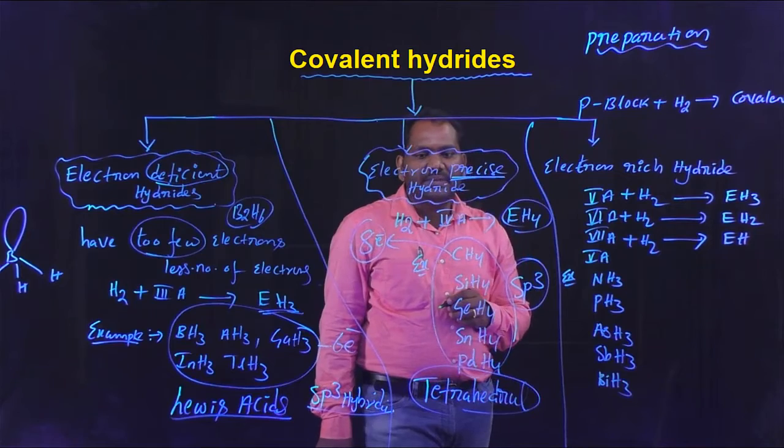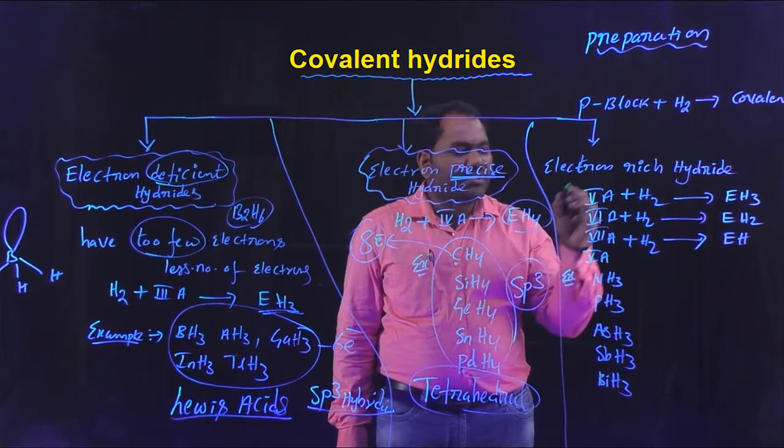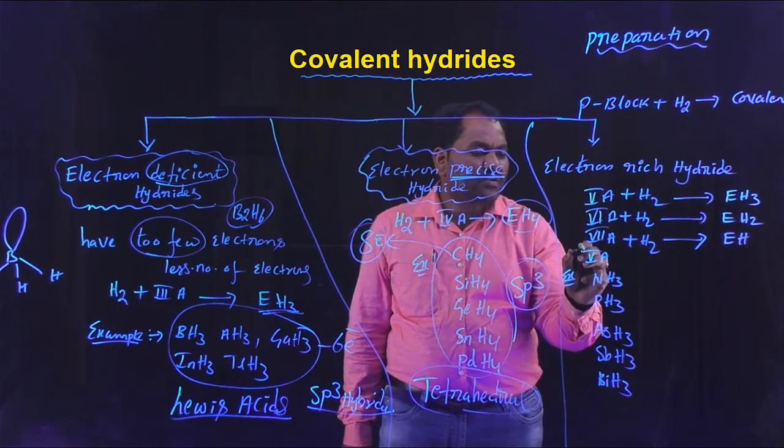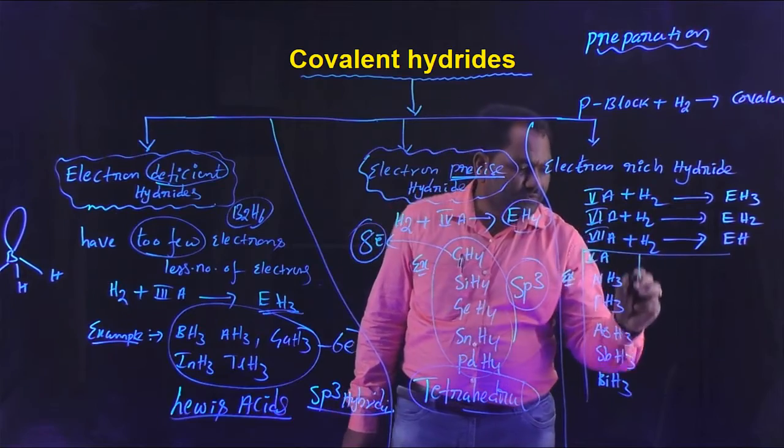All these are examples of electron rich hydrides regarding this 5th A group. This belongs to 5th A group.